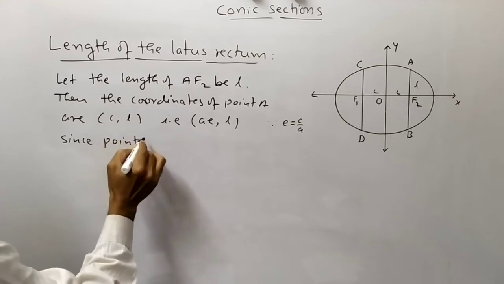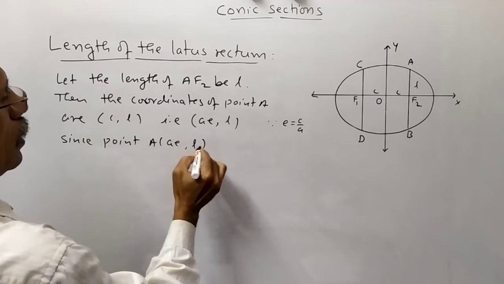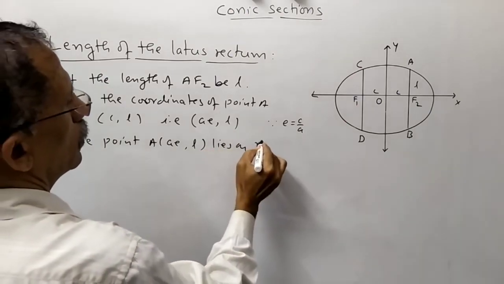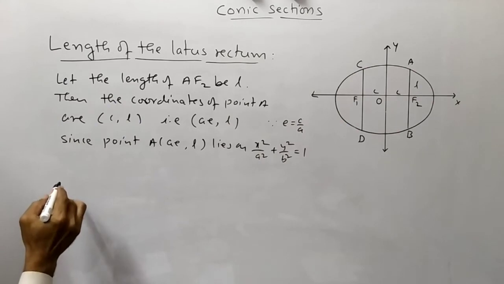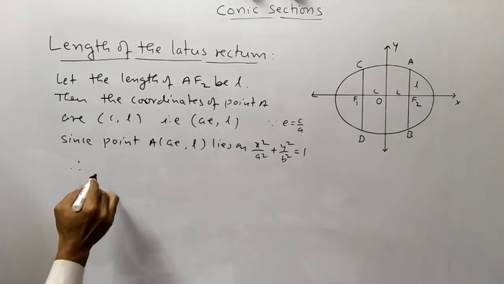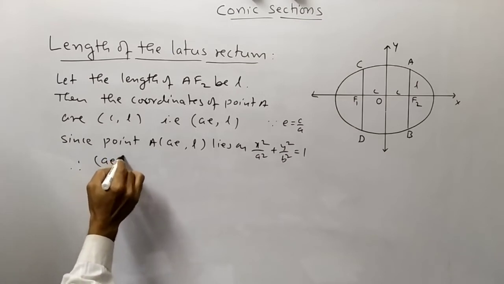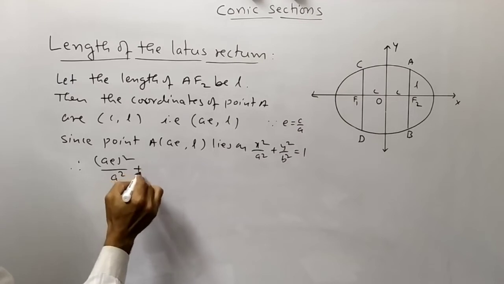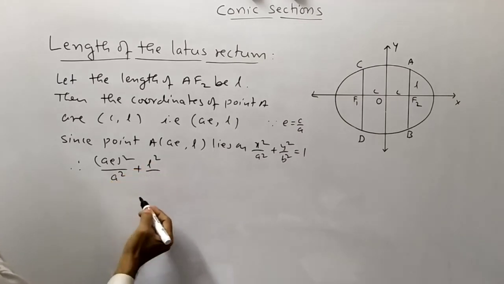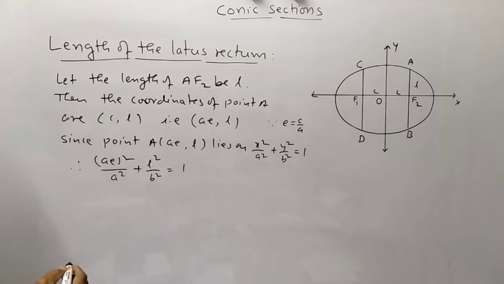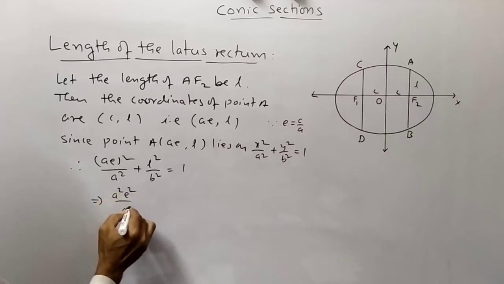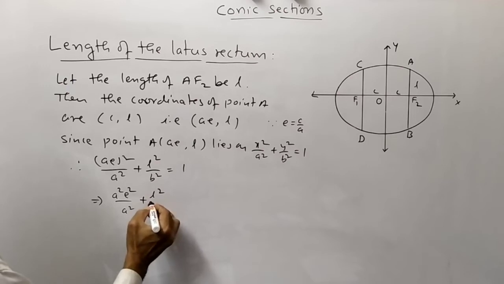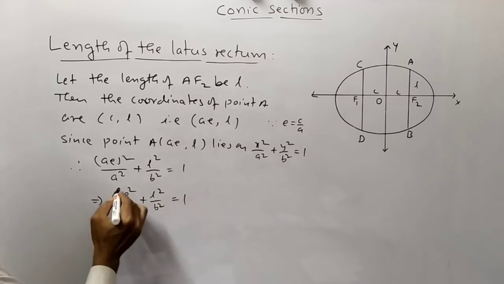Since point A lies on ellipse x square divided by a square plus y square divided by b square is equal to 1, therefore, a square e square divided by a square plus l square divided by b square is equal to 1.